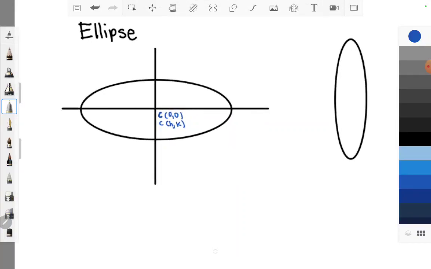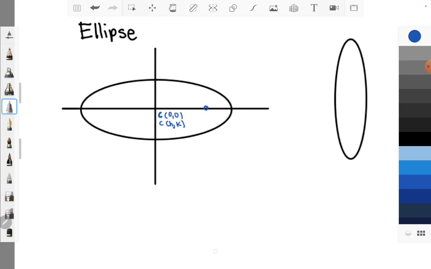Next are our fixed points, because an ellipse is the locus of a point that moves in such a way that the sum of its distances from two fixed points is constant. And what is our fixed point? This is our focus.